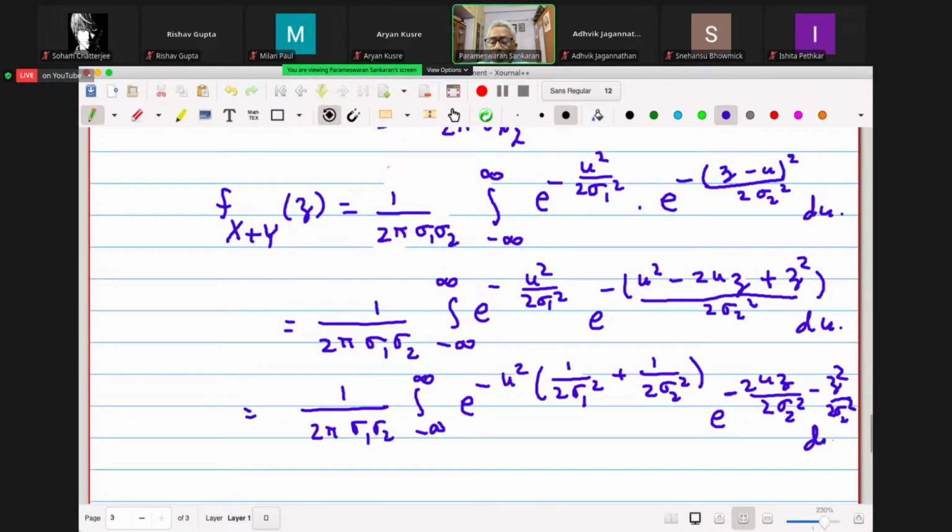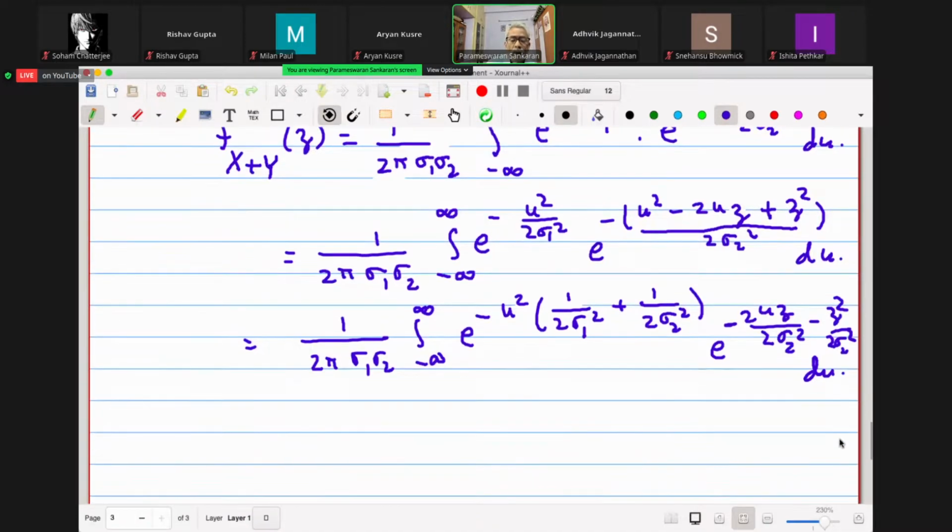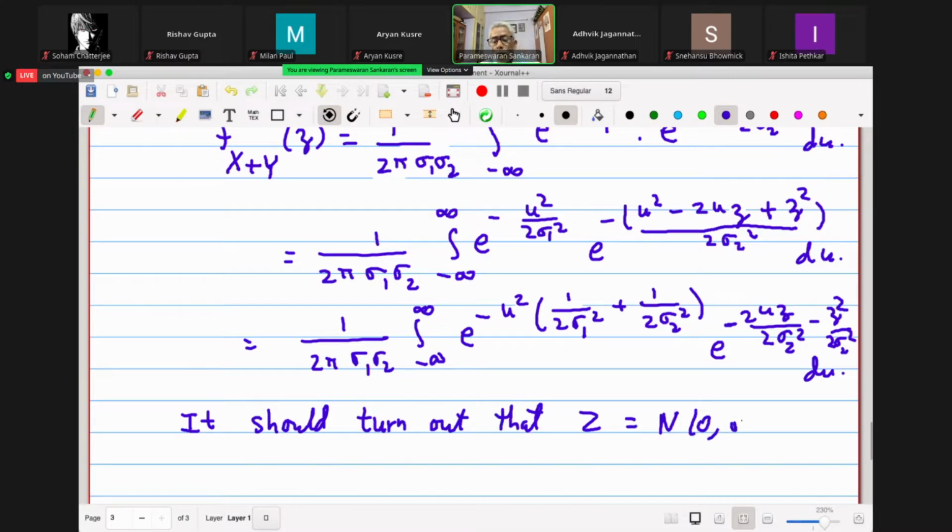At this stage I stop, and it turns out that after some simplification, z is normal with mean 0 and variance sigma 1 squared plus sigma 2 squared.